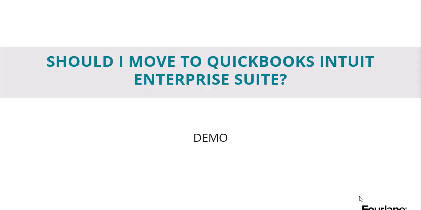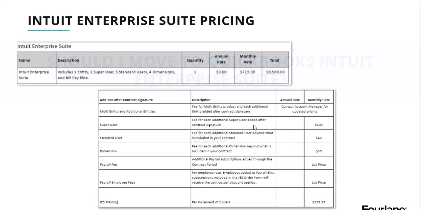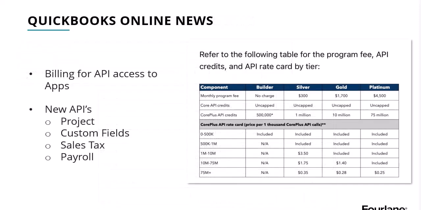All right. Okay, we talked a little bit about pricing last time. Intuit Enterprise Suite does per entity, per user. They've got some breakdowns, so you do have to get quoted. It's not anything where you just have a price online. And then, of course, the other thing that came out recently was that any third-party applications will now have to pay to hit Intuit's API, which is something that most software does.